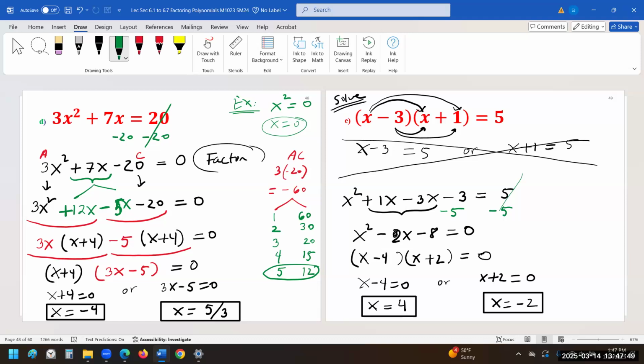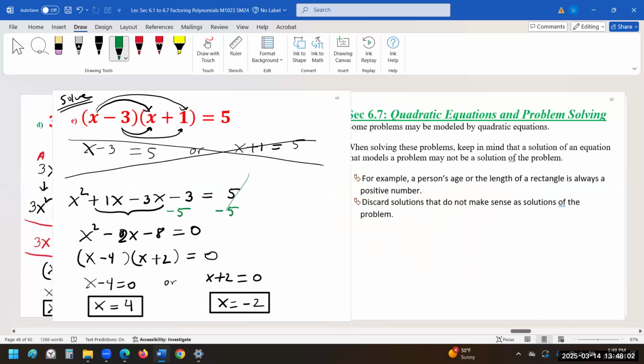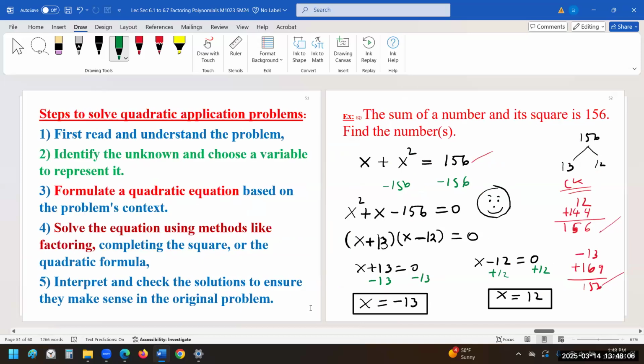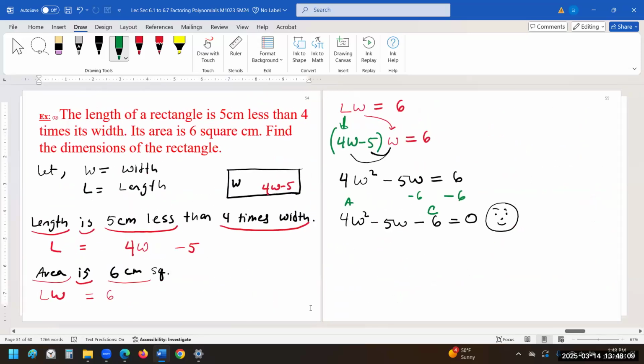So anytime your x squared has a number in front of it which is not 1, it's the AC method. For now. Later we are going to learn more methods, like the quadratic formula or completing the square. But for now, it's AC.